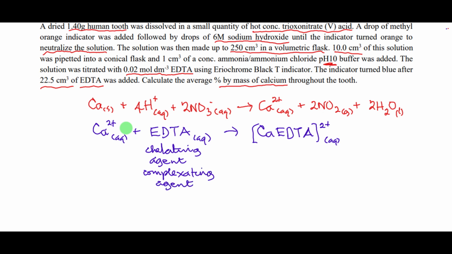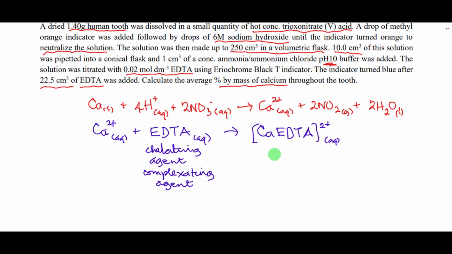Which is why the titration is called a complexometric titration, because it involves the use of a complexing agent. Fine. So it forms a complex with the calcium ion, and reacts only with the calcium ion. With that, it's easy to determine the concentration or the amount of the calcium ion present in the human tooth.